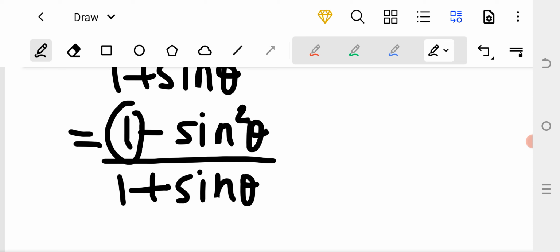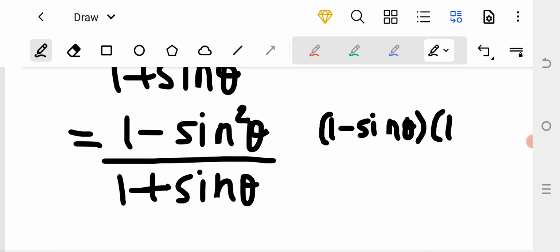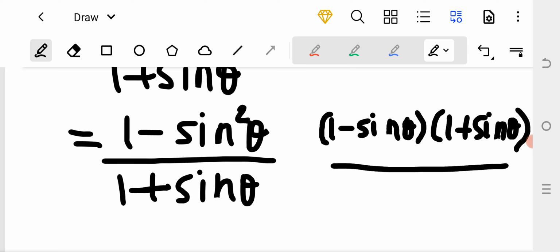So we write 1 minus sine theta in one bracket, multiplied by 1 plus sine theta in another bracket. If you were to expand these brackets, it would give you this numerator.